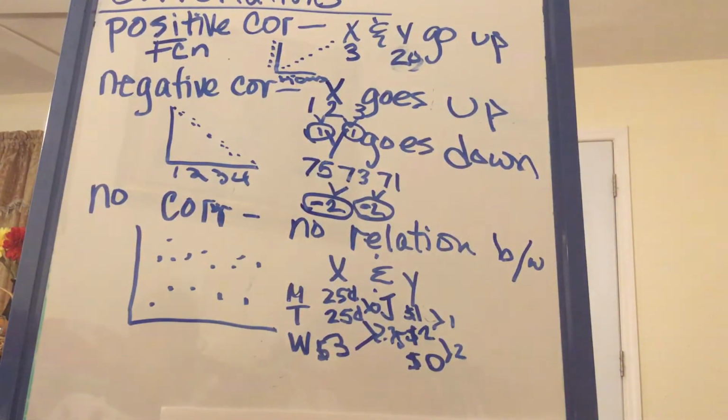So how much money she gave her one day has nothing to do with the next. How much money Sharon's mom gives has nothing to do with how much money Jerry's mom gave him. Okay? So those are non-correlations. They have no relation with each other at all.